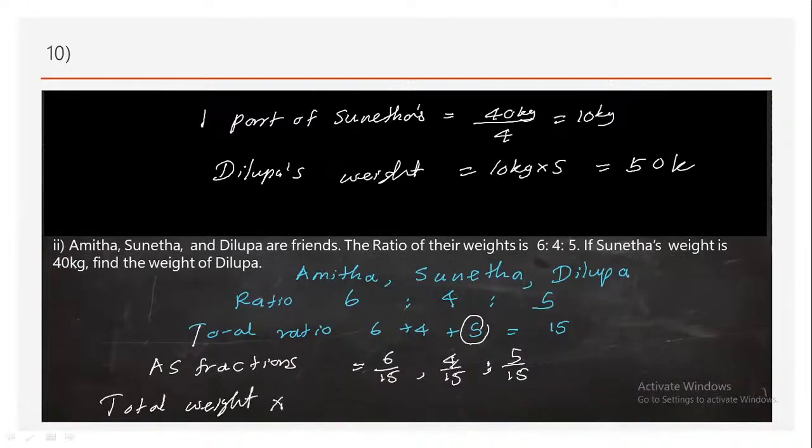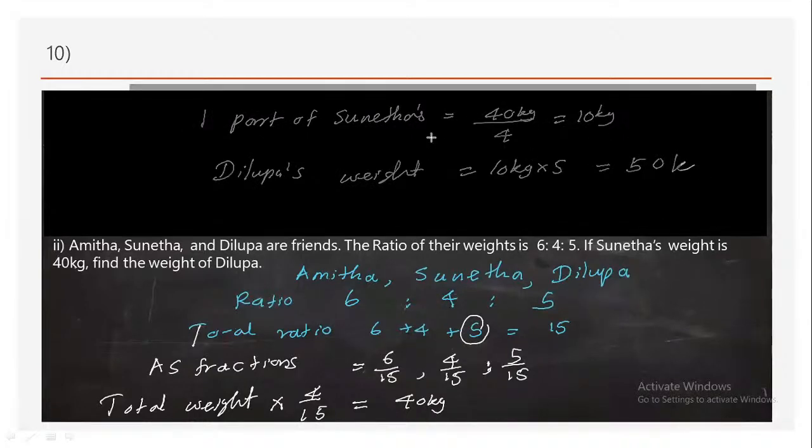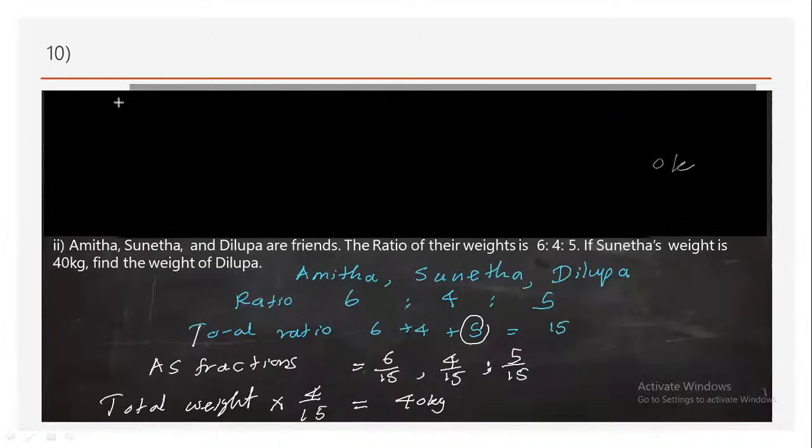From the total weight, they gave Sunita's weight, 4 over 15 equals how much here? 4 over 15 equals 40 kilogram. So total weight we can get here.